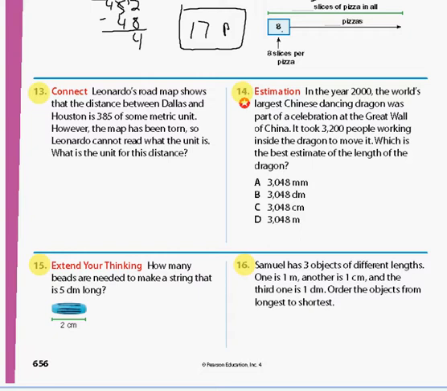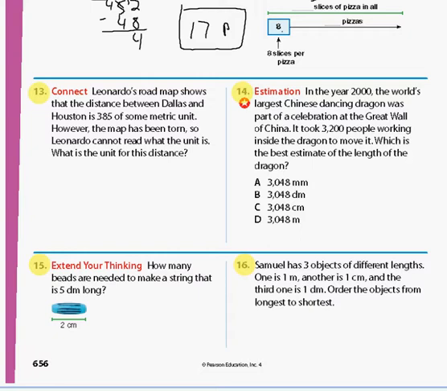Question number 14. In the year 2000, the world's largest Chinese dancing dragon was part of a celebration at the Great Wall of China. It took 3,200 people working inside the dragon to move it. Which is the best estimate of the length of the dragon? And you have 3 answer choices right there. You need to pick the correct one.